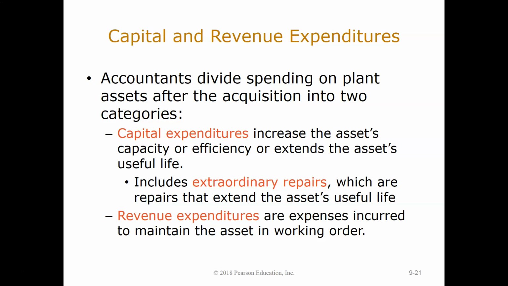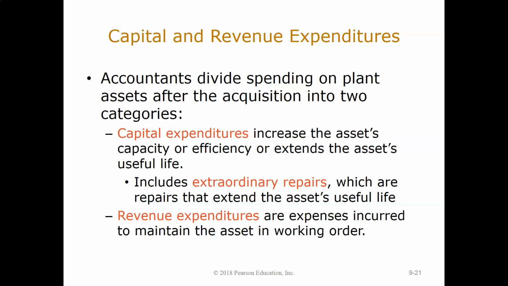Once we own the asset, if we make it better, if it's going to live longer, or if it's going to perform better, any money we spend to put a new motor in that's better than the old motor, or the latest technology upgrades, that will add to the life of the asset, and we are going to debit the asset to increase its value. That's called a capital expenditure.